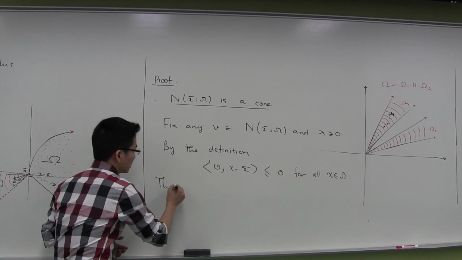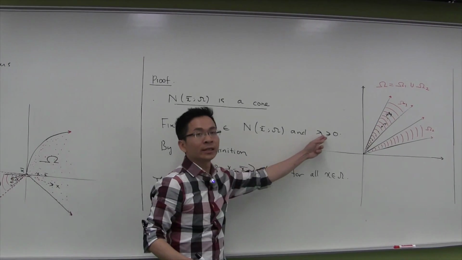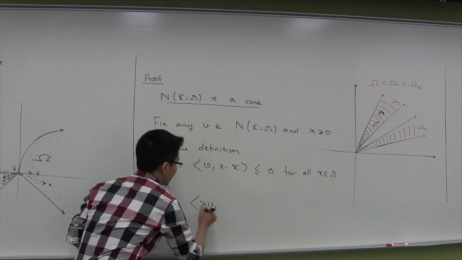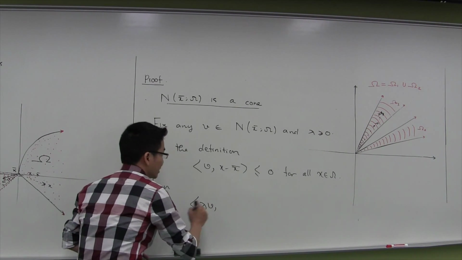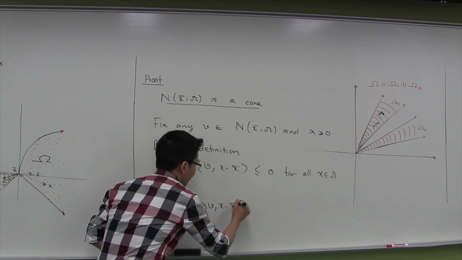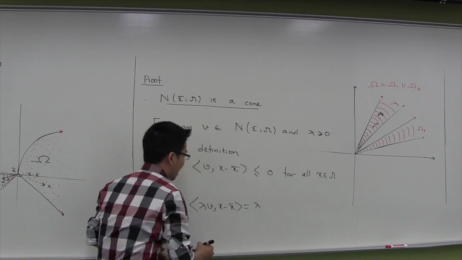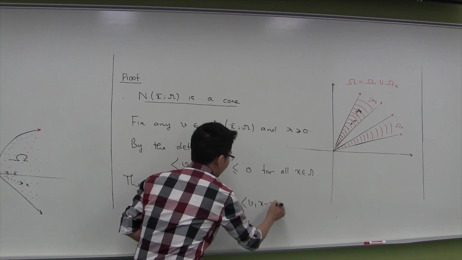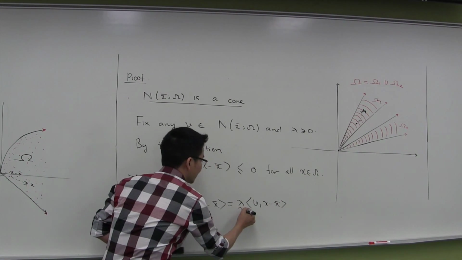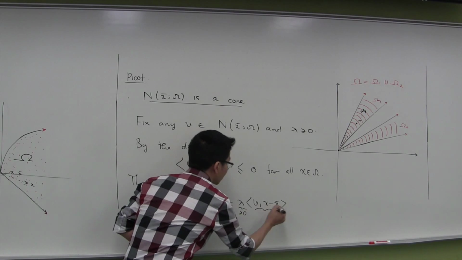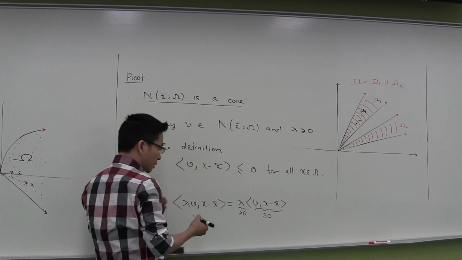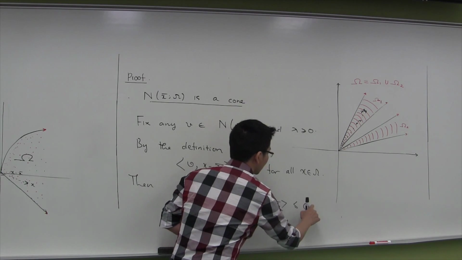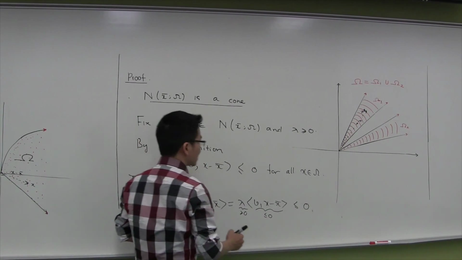Then, because lambda is greater than or equal to 0, we have the following. The inner product of lambda v and x minus x bar is equal to lambda times the inner product of v and x minus x bar. And lambda here is greater than or equal to 0, and this inner product is less than or equal to 0. So this product is less than or equal to 0, and this is true for all x in omega.